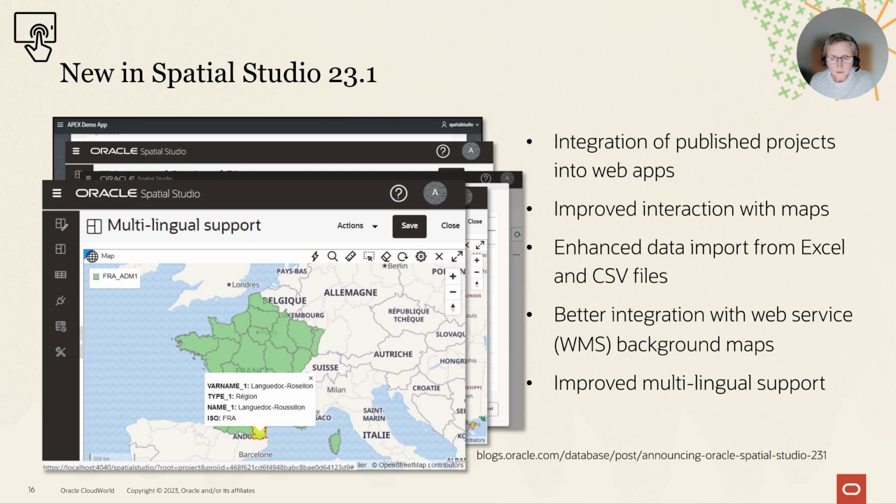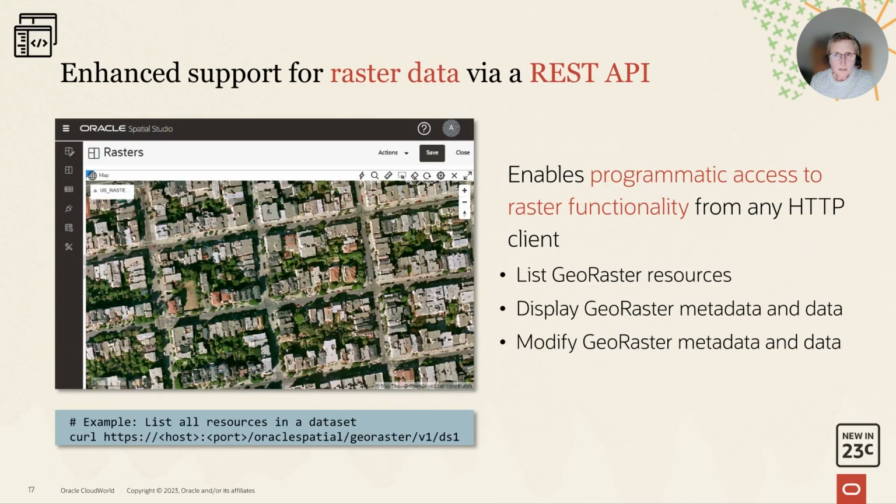This concludes the new features that simplify the creation of spatial data. Let's move on with more developer-oriented new features. With 23c, we've introduced a REST API for raster data.